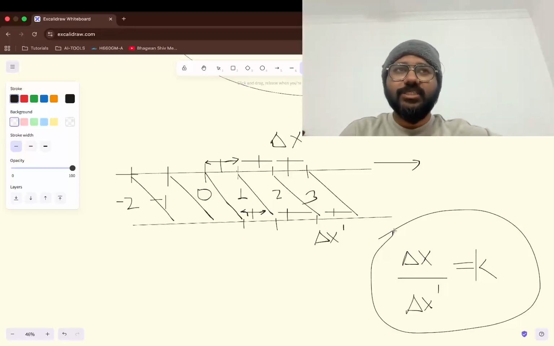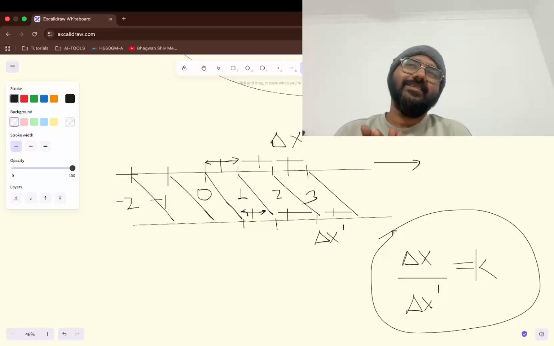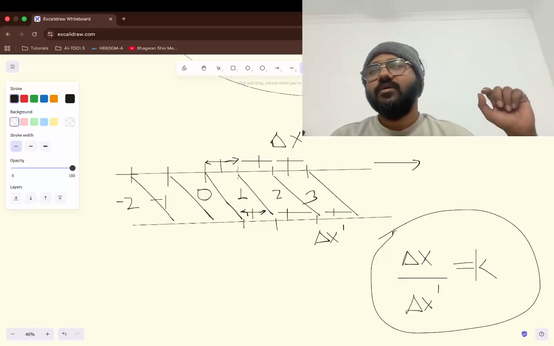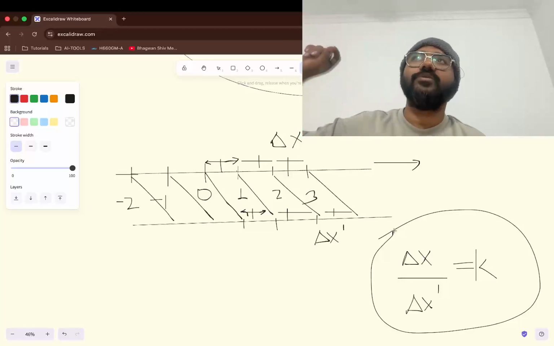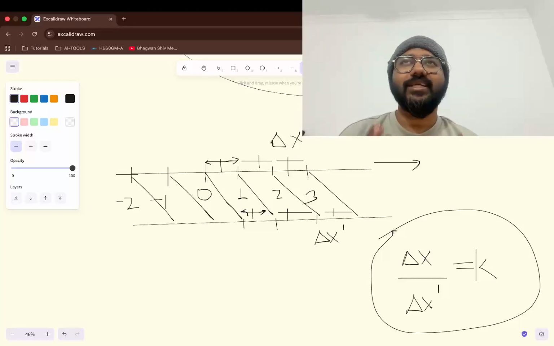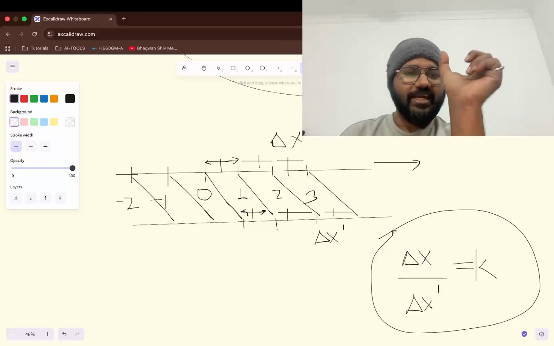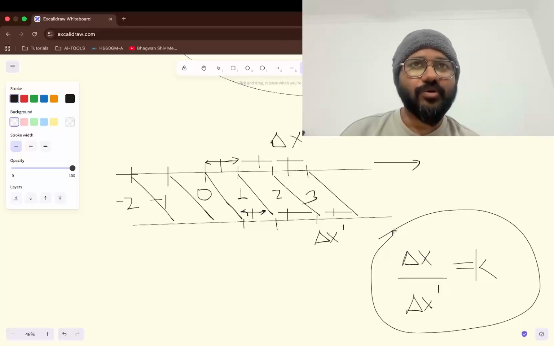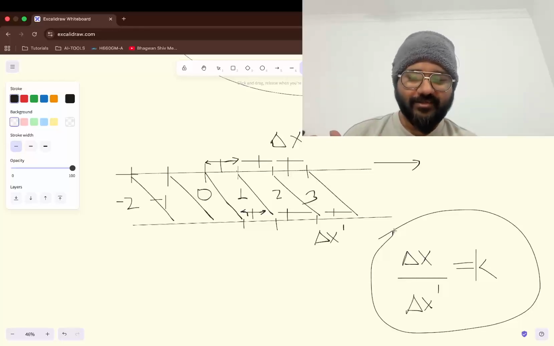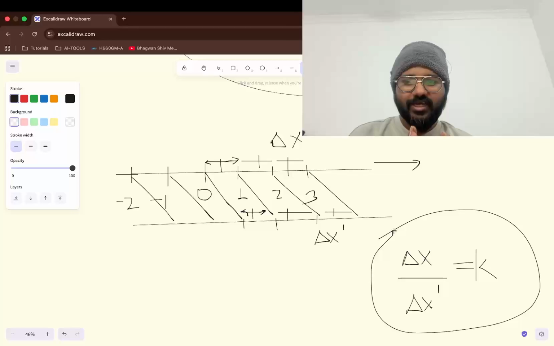After the transformation, it has gone to like 10 meters. How has the transformation happened for 3 to 4, for -1 to -2? When you consider all of those things, you will realize if this delta x by delta x dash is equal to constant, this is a linear transformation. Does that make sense? Am I making sense? I hope this is understandable.